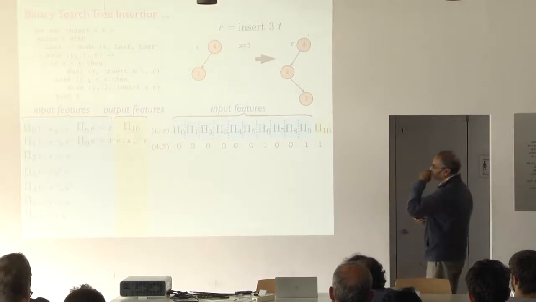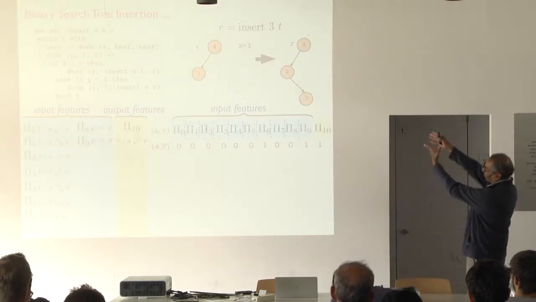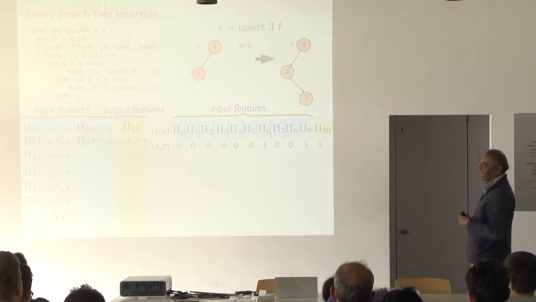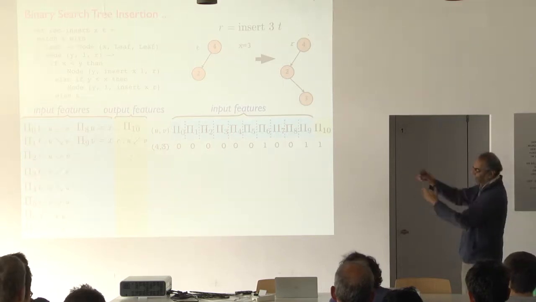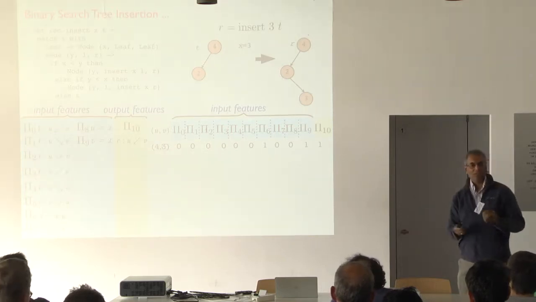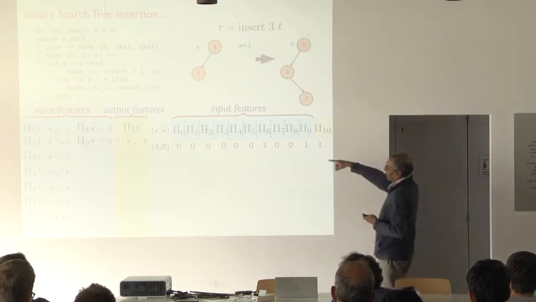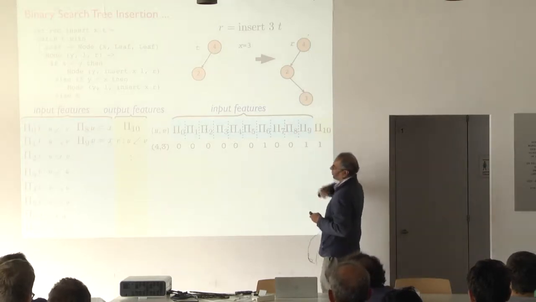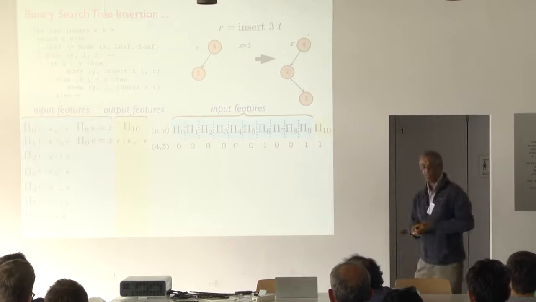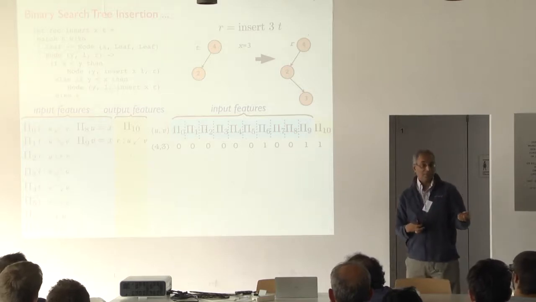So here's an example. Just looking at the input, I might ask, under this particular structure, what does the input-output truth table look like for 4,3? We see here that indeed pi 6 holds for 4,3, and pi 6 says that 4 is included in the tree.